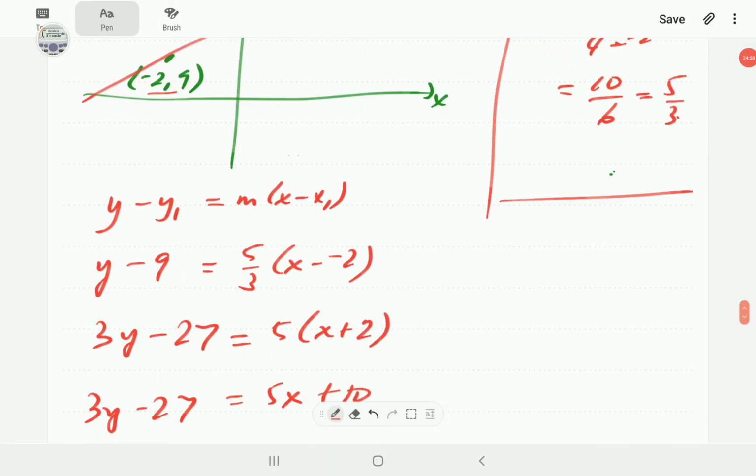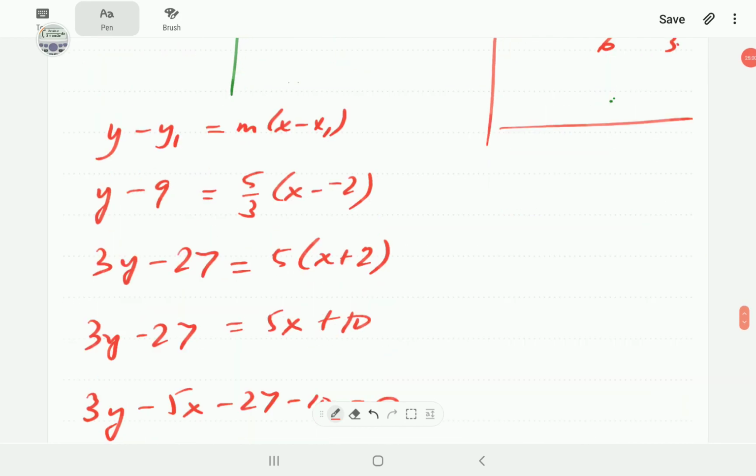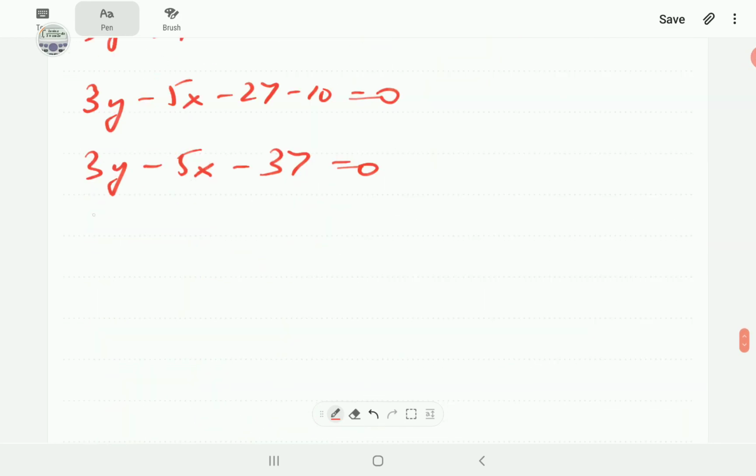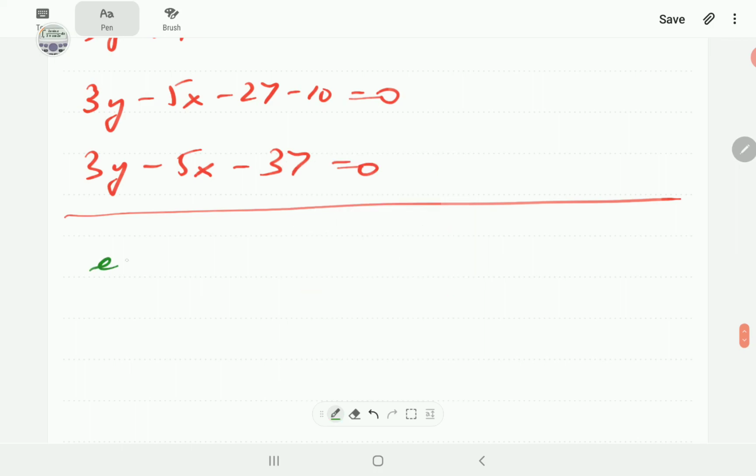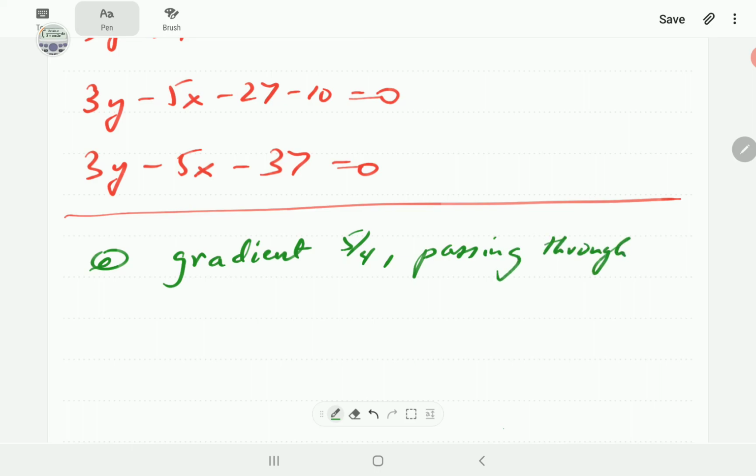All right, so that's for examples there. We're going to give you an opportunity to try 2 examples at this point. E, let's say we have a line with a gradient 5 on 4 passing through the point -6, -1.